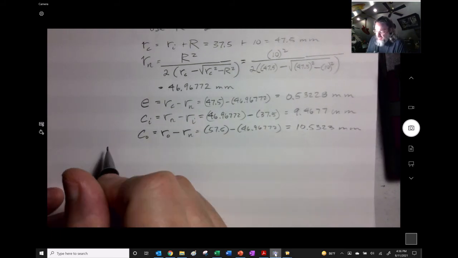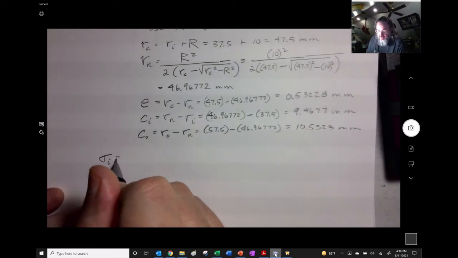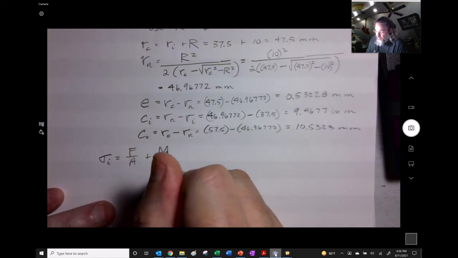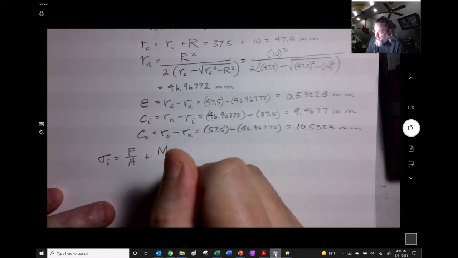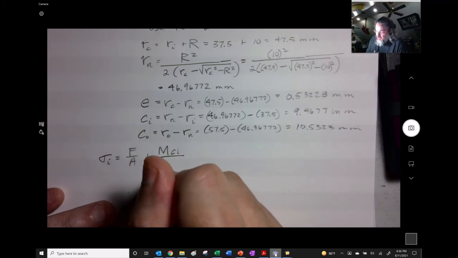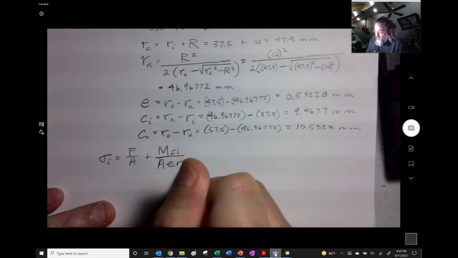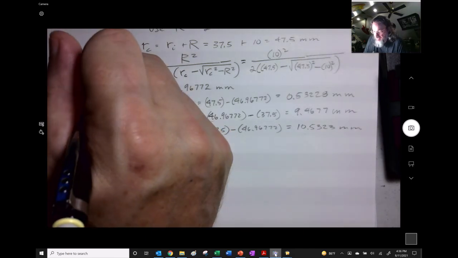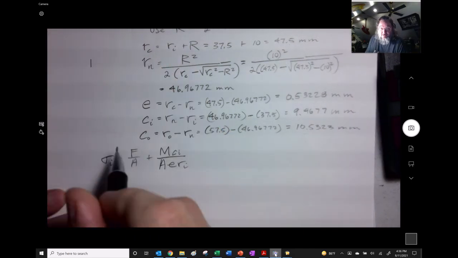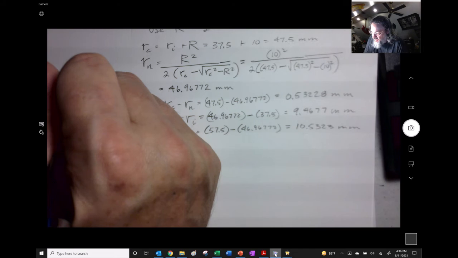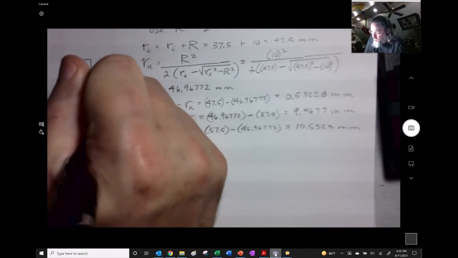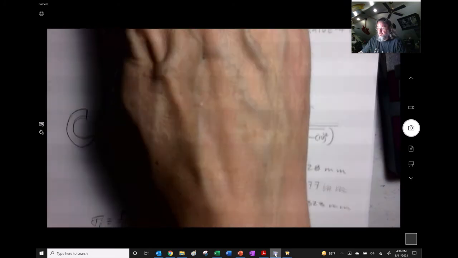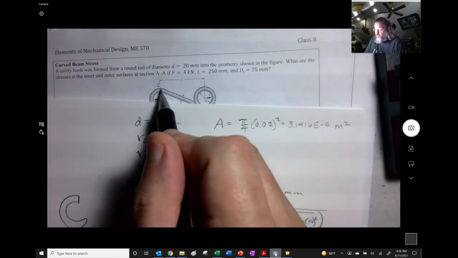So if we're going to have the inner stress, it's going to be F over A plus M, and we need to calculate M. CI over AERI. This is a pretty simple thing to do. So here's our FBD right there, because we're taking a cut right in here.